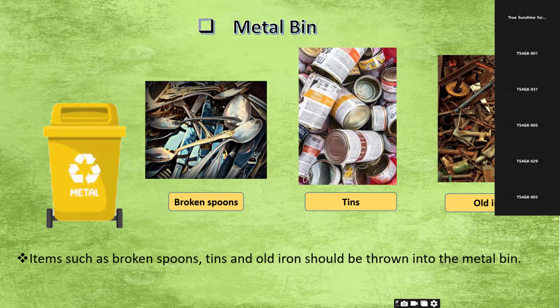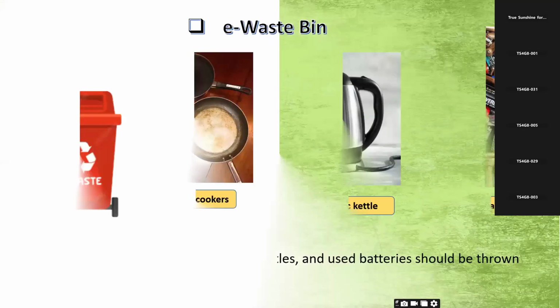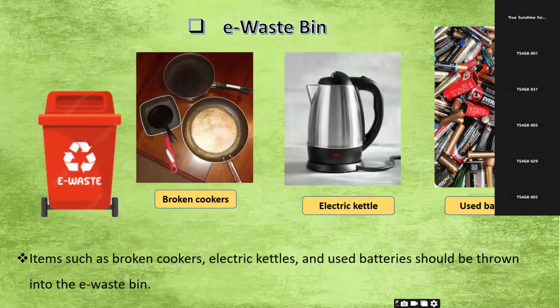Items such as broken spoons, tins, and old iron should be thrown into the metal bin. E-waste bin. Items such as broken cookers, electric kettles, and used batteries should be thrown into the e-waste bin.